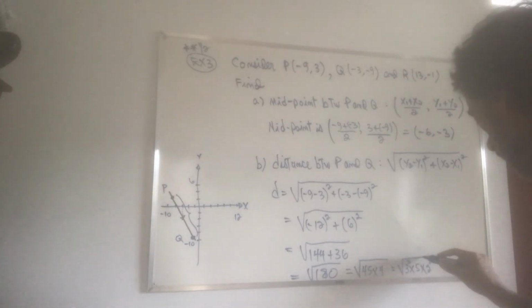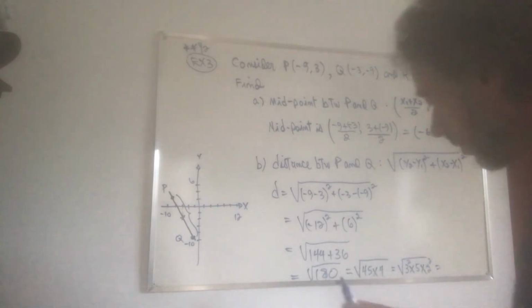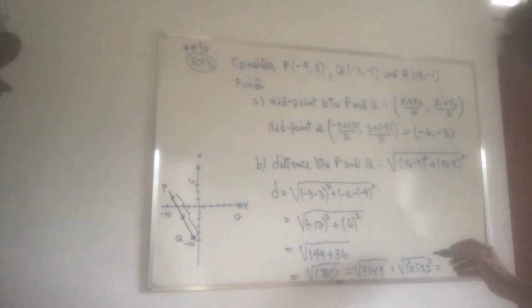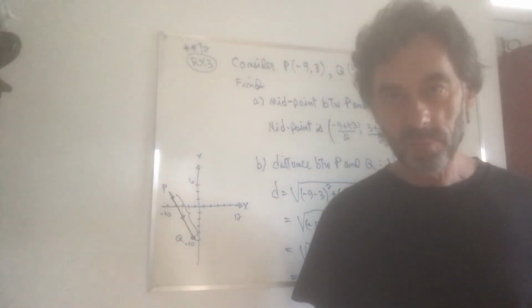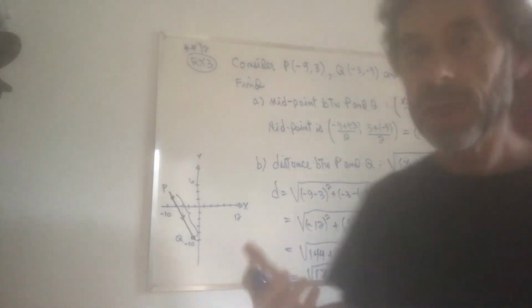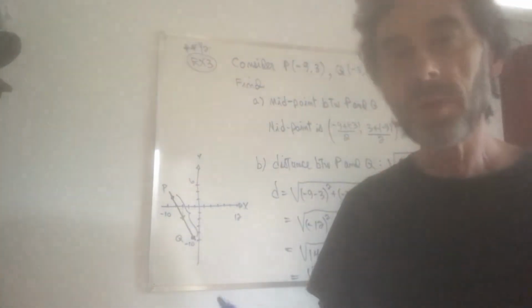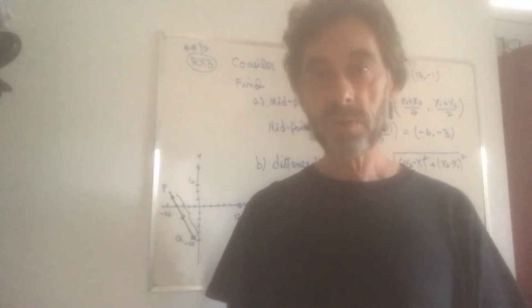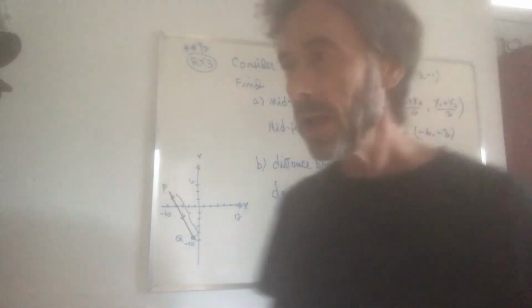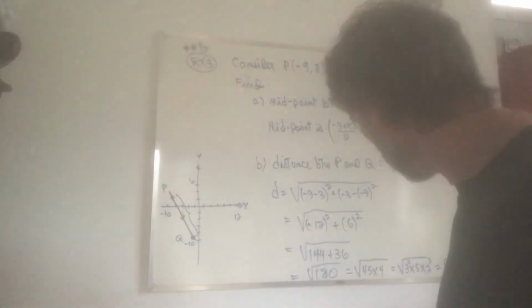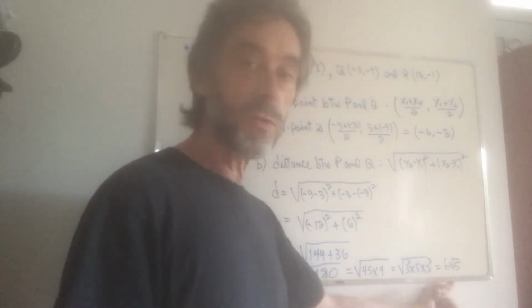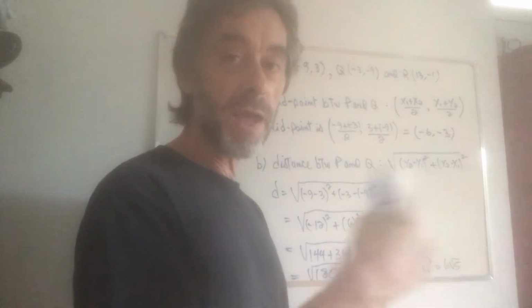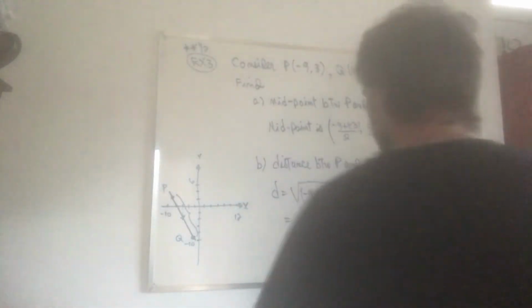Because I just want to show you that it is also possible to write the root of 180 as 6 root 5. Now, that's not super important here, but just in case we're stumbling on a problem in the textbook that has the answer on the back of the pages, and they give us the answer as 6 root 5 instead of root 180, it would be nice if we could make the bridge between the two.